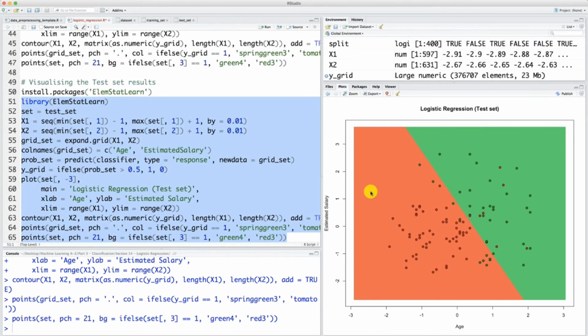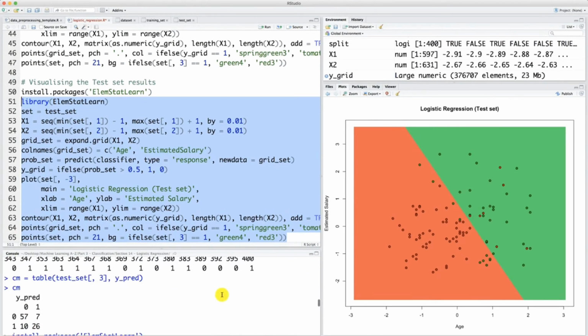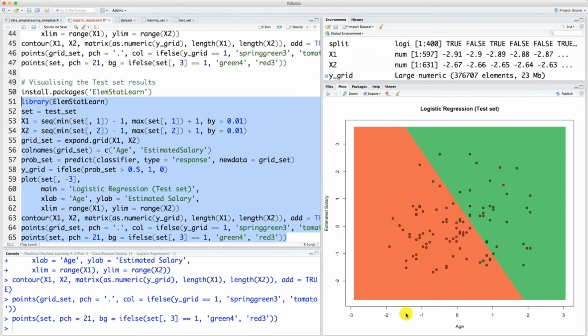That's because it's a linear classifier and it cannot make a curve here catching all the right guys. And remember, in the confusion matrix we counted 10 plus 7 incorrect predictions. And if you want to count the incorrect predictions here, you will find 17 incorrect predictions.